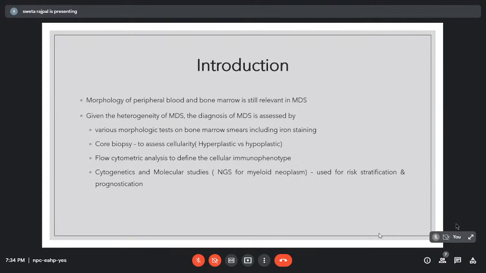Even though flow cytometry is not required for the diagnosis of MDS, in recent years flow cytometry is coming up, and in difficult cases we can use it to define the cellular immunophenotype, and the maturation pattern can also be assessed for MDS. And of course, for diagnosis, cytogenetic data is required, and for prognostication, both cytogenetics and molecular studies can be used for risk stratification as well as for prognostication.